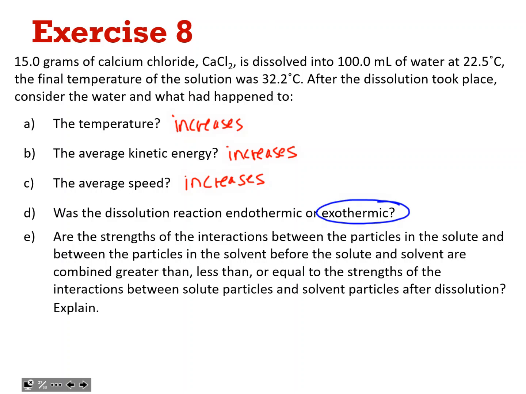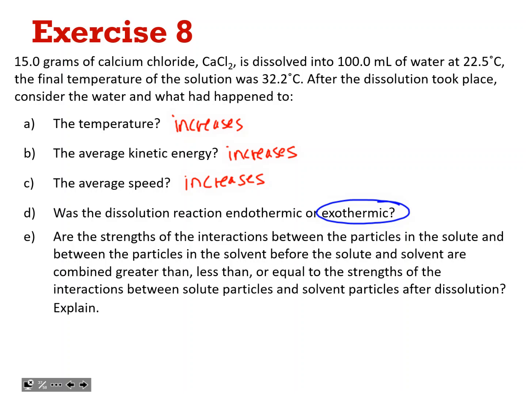The system is going to be the calcium chloride mixing in the water. So actually those two are involved in the system. The thermometer, though, being in there, is not one of the chemicals involved in the system. So the thermometer is feeling the warmth as you would feel the warmth if you were observing this dissolution.